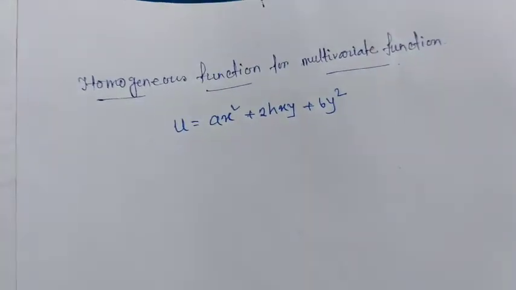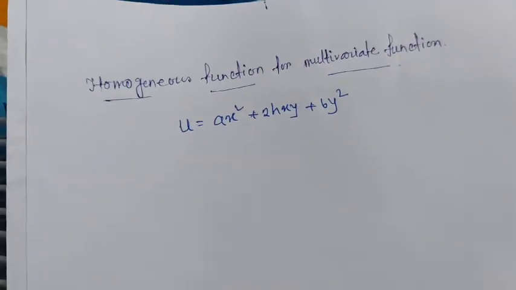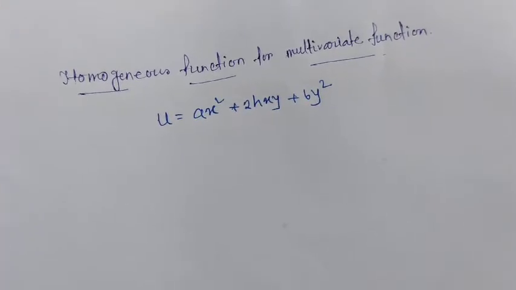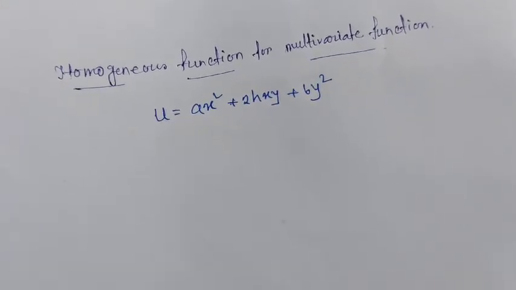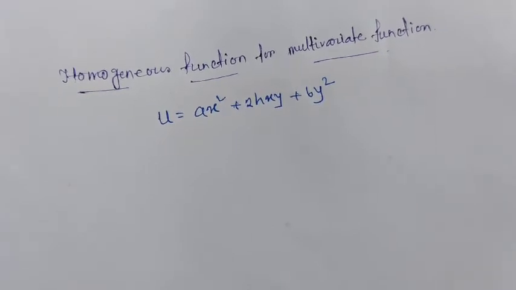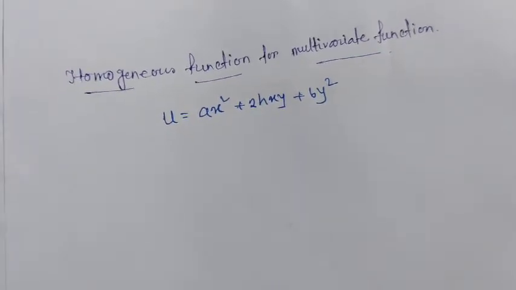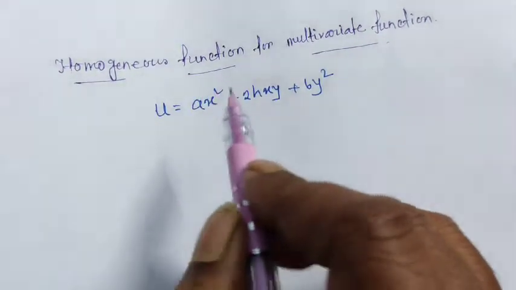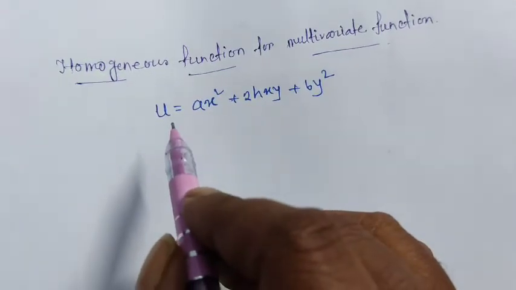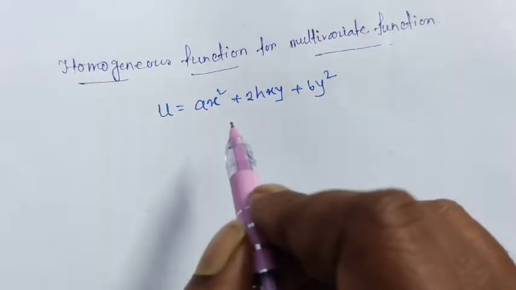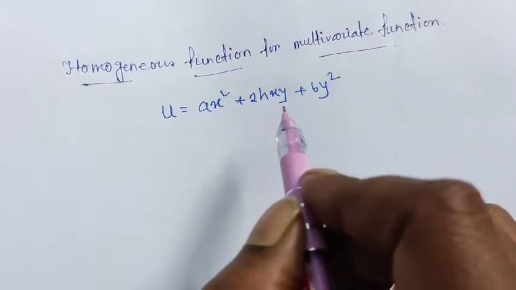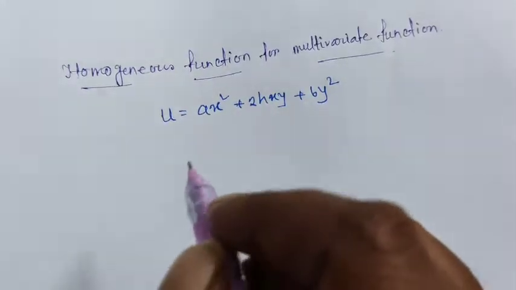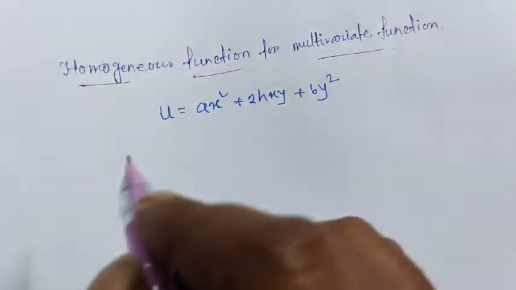Guys, in this video we will discuss the homogeneous function for a multivariate function, and here we will try to find the degree of the homogeneous function. See here that we consider one function where u is equal to ax square plus 2hxy plus by square, and now we are trying to find the degree of this multivariate function.